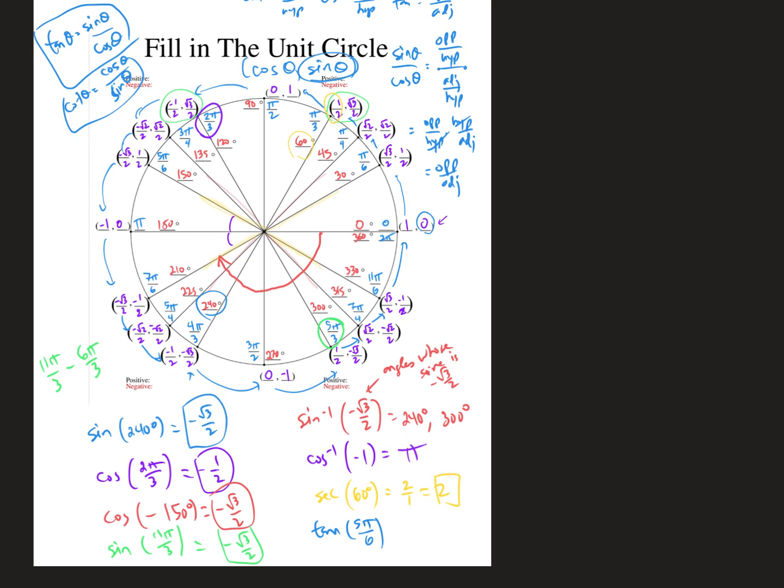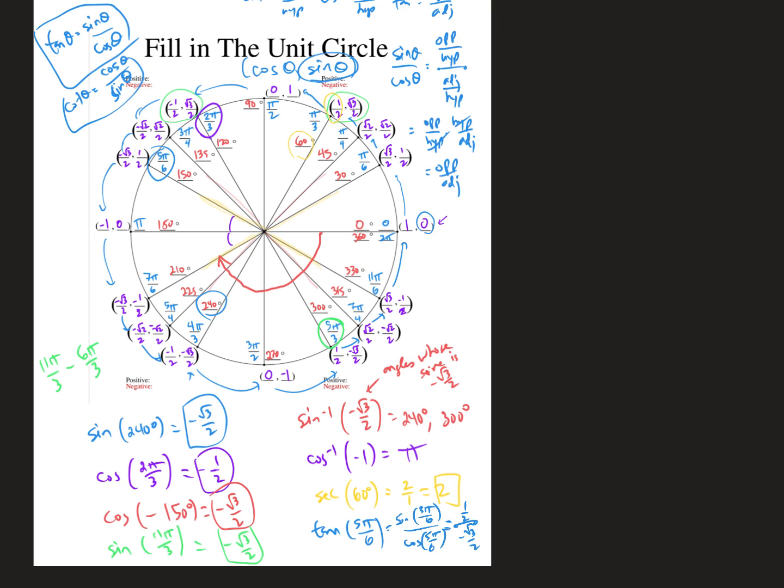So for this problem down here, tangent of 5 pi over 6, I would say it's sine of 5 pi over 6 divided by the cosine of 5 pi over 6, which means I would find 5 pi over 6 on the unit circle, right here. Sine is the y value, that's 1/2. Cosine is the x value, so that's negative root 3 over 2.